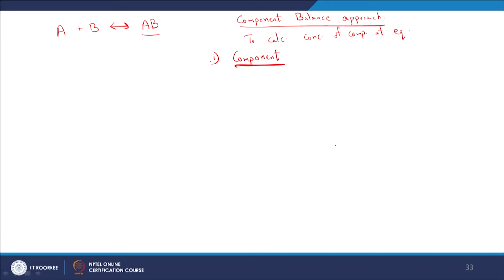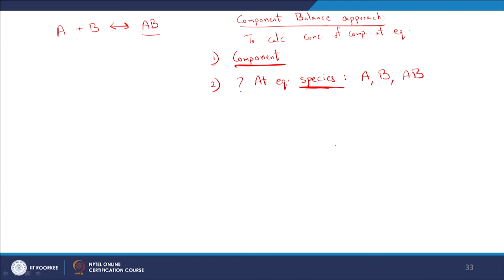So obviously I am calling this the first step, but we will see why there will be an issue here. To be able to define components, I first need to know what is going to be present in my solution. What does that mean? At equilibrium, what are the different species present? So first I need to be able to list the species, not the components. So first I will identify all the species present at equilibrium. In this case it is A, B and AB.